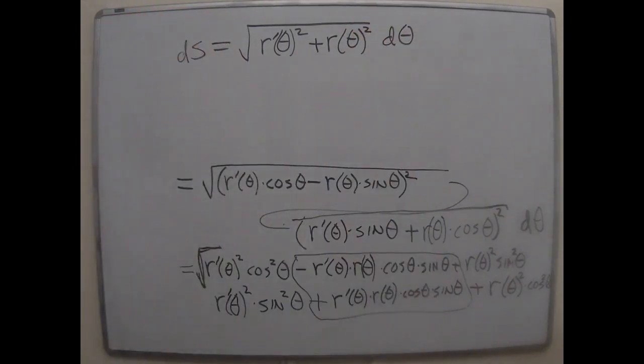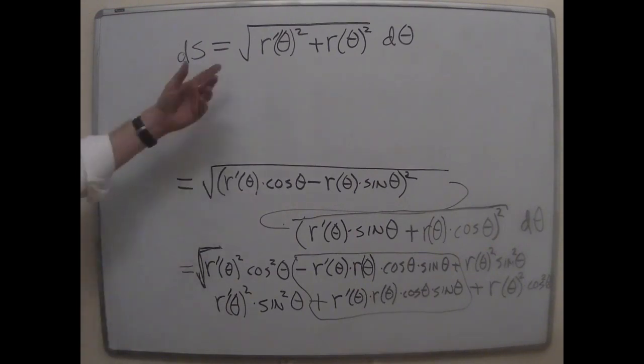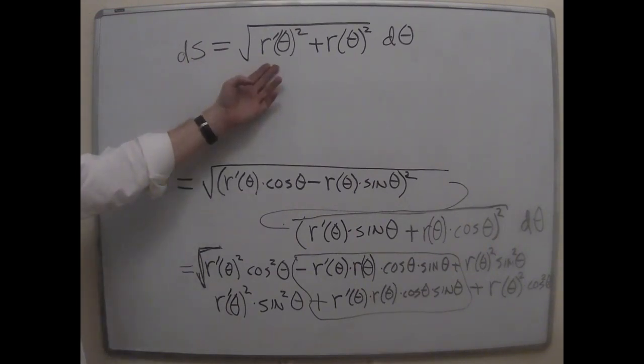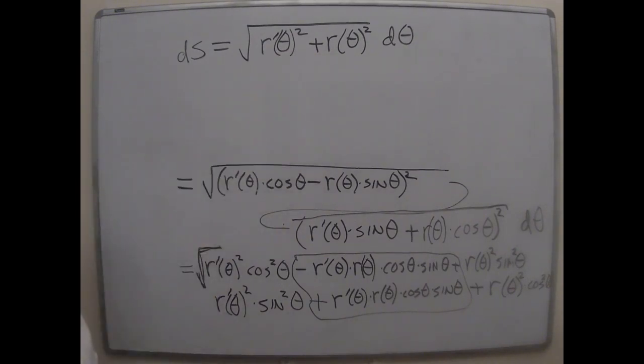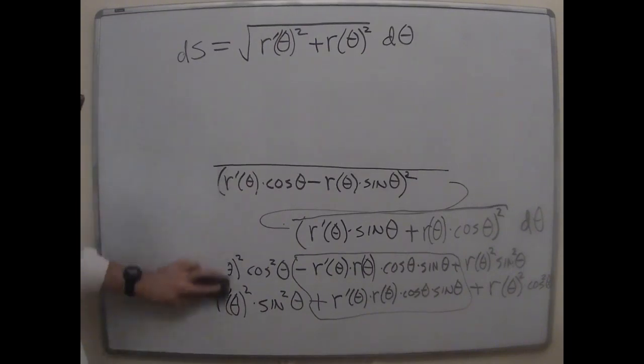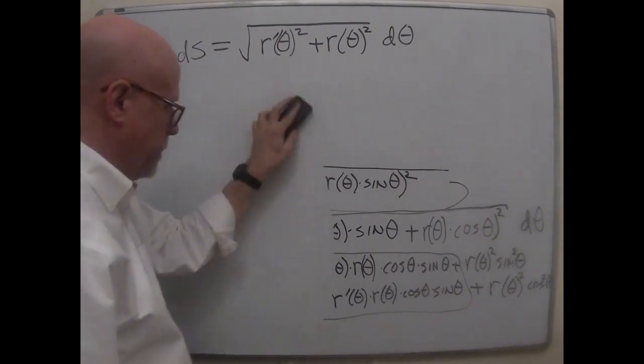Isn't that amazing? So we just find the derivative of the r function and the function left alone, square root of the sum of the squares of those things with a d theta on the end. That gets you your differential unit of arc length.